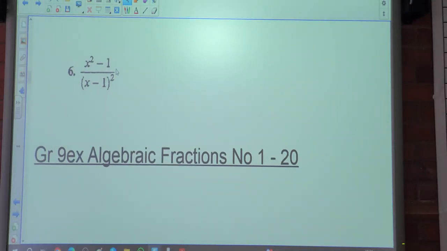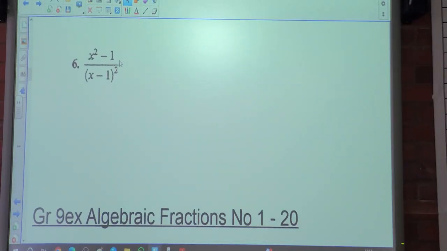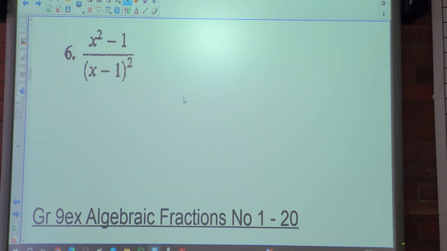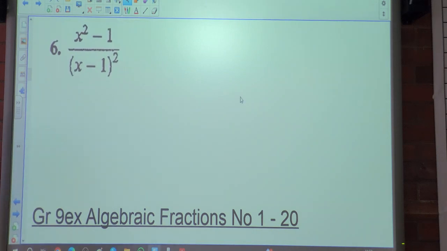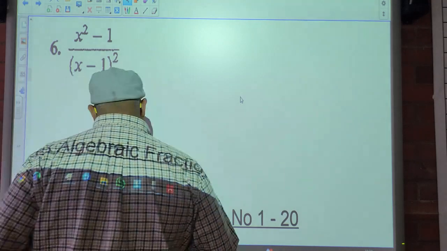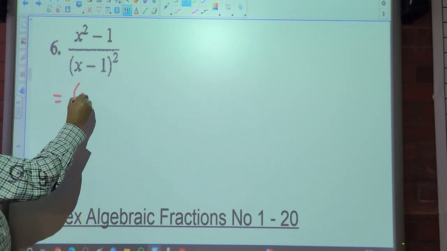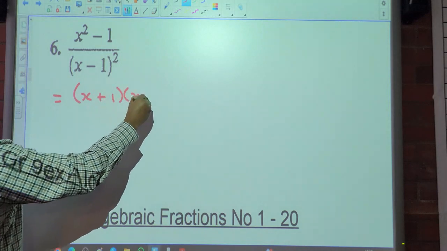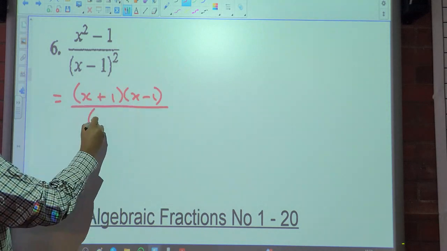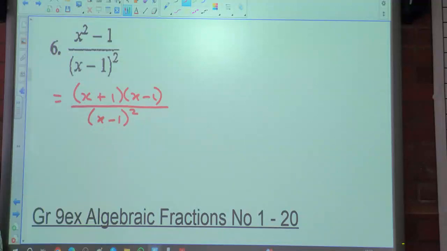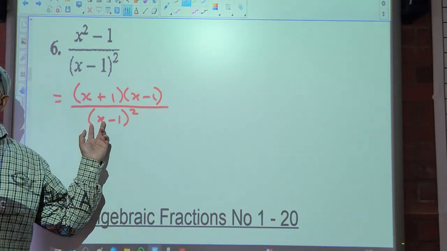Let's go with number 6. What is the factorization in the numerator? Difference of squares again. So what do we get? X plus 1, x minus 1, and this is all over x minus 1 squared. Again, how many of them are here? 2.